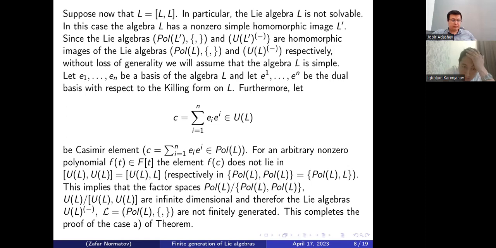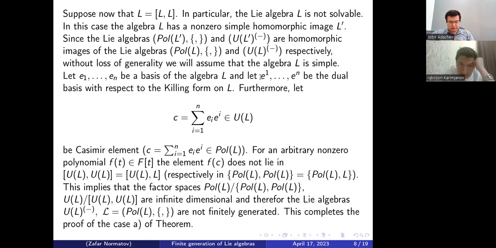Is there a unique Casimir element for a fixed Lie algebra, or does it depend on the basis? I think it doesn't matter which basis actually.